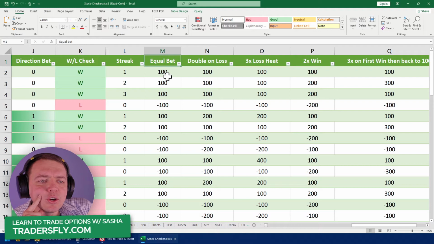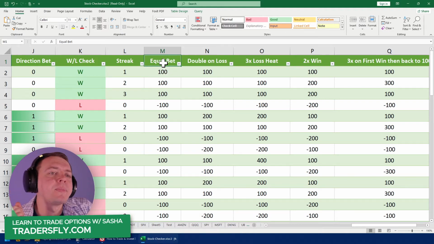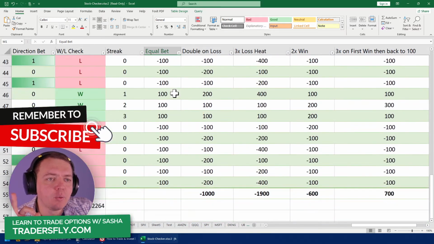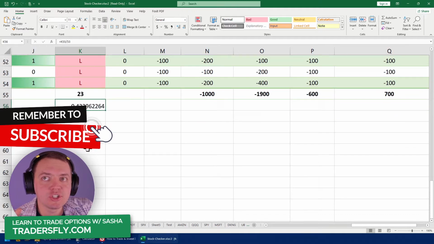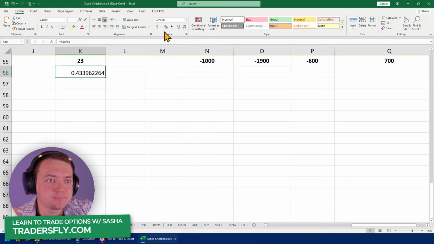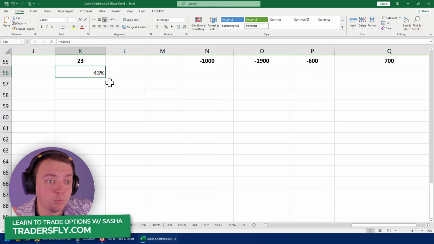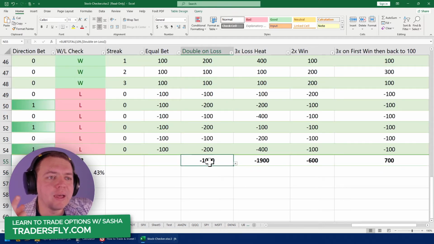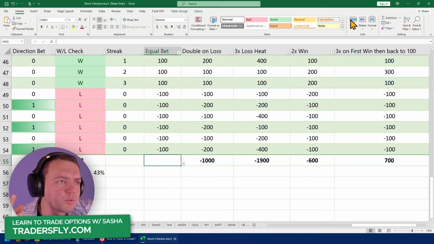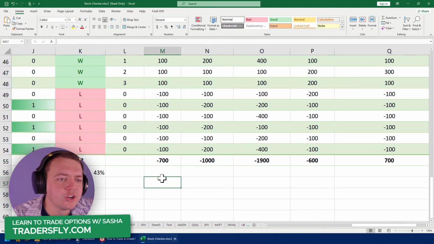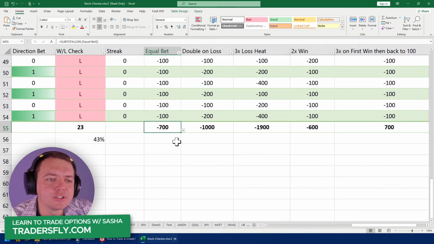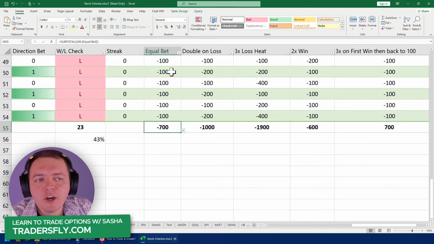If we did an equal bet, let's say we win 100, lose 100 on a simple vertical, when you do a simple equal bet on all of them with a 43% win rate, you're down $700. And that's betting $100.